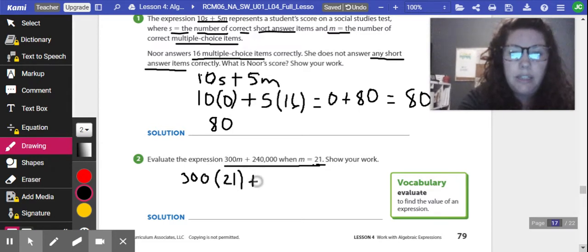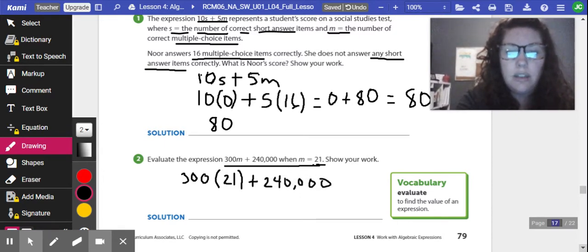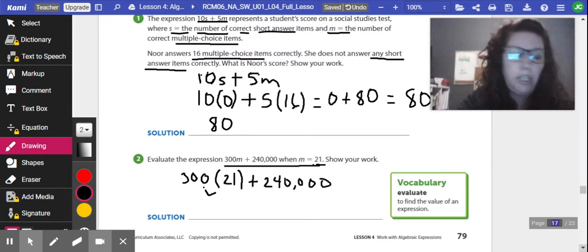And then plus, and then our second term, which is 240,000. Okay, so first PEMDAS tells us to multiply, so we're going to multiply 300 times 21.